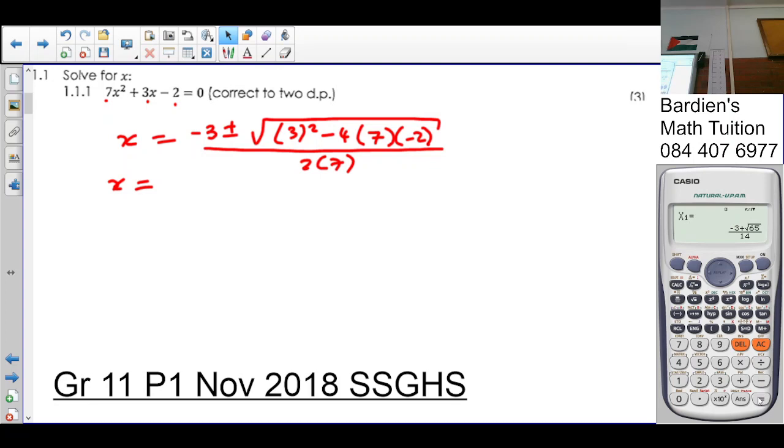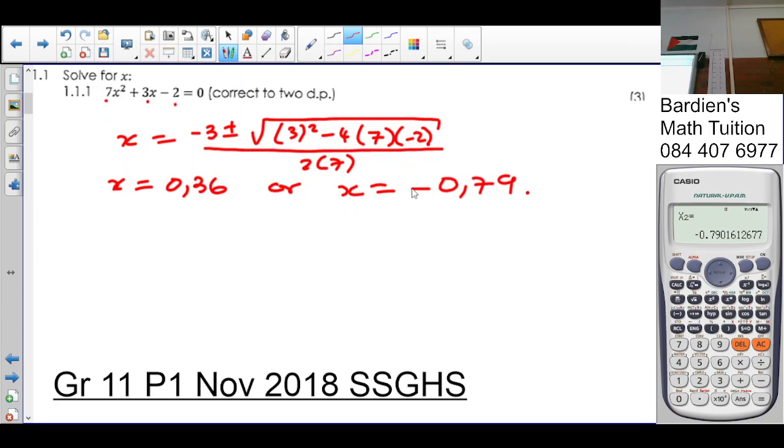So it gives you negative 3 plus the square root of 65 over 14. In decimal it is 0.36. Or the other one, which is negative 0.79.